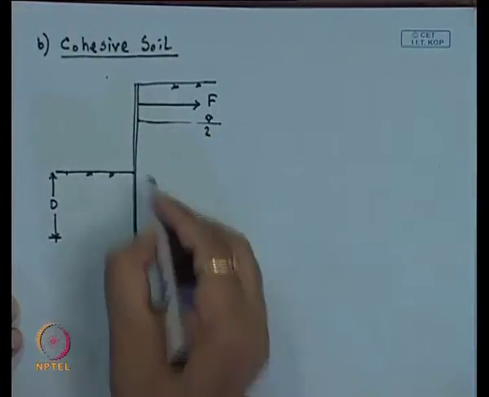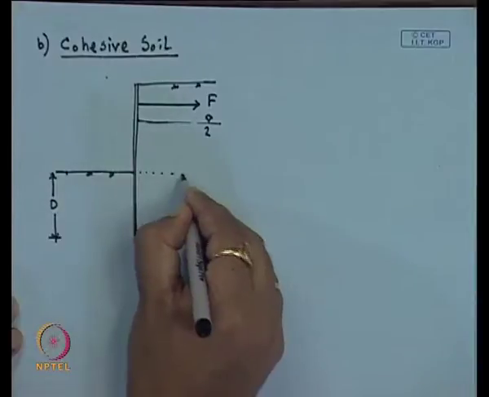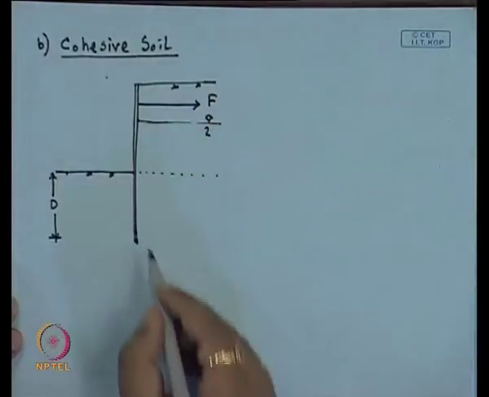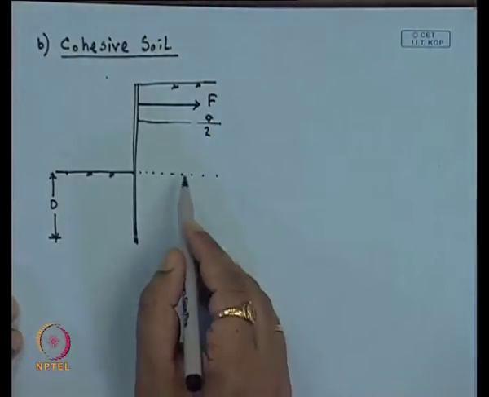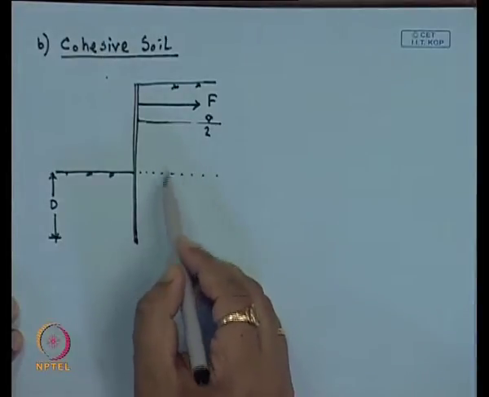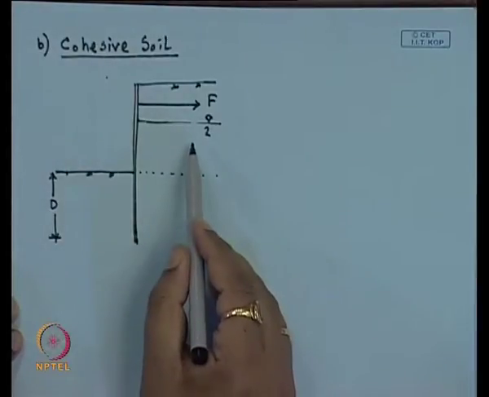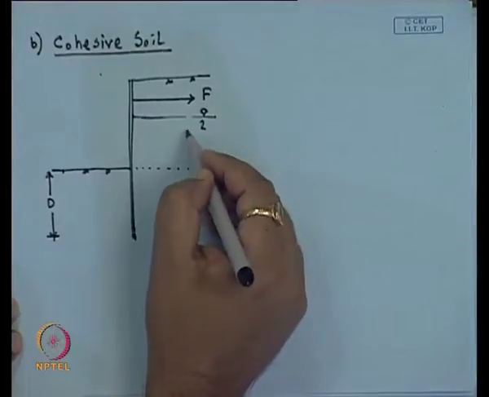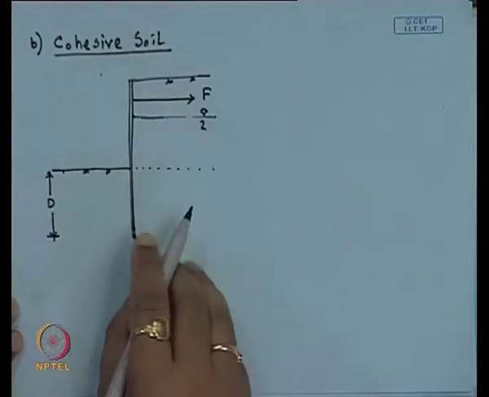Now, here the difference is that in the previous one, granular soil, we considered that the fill soil and the foundation soil, because this is a fill soil and this is the foundation, both are granular soil.